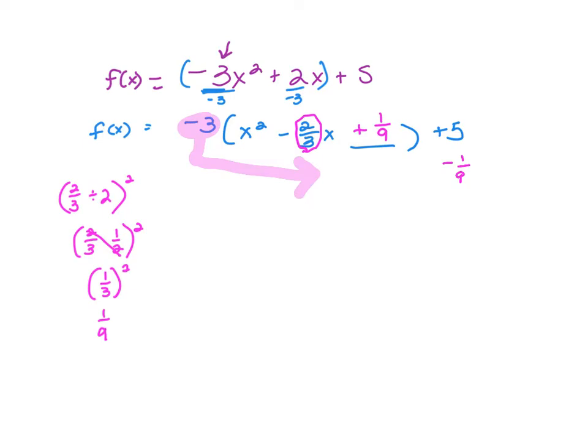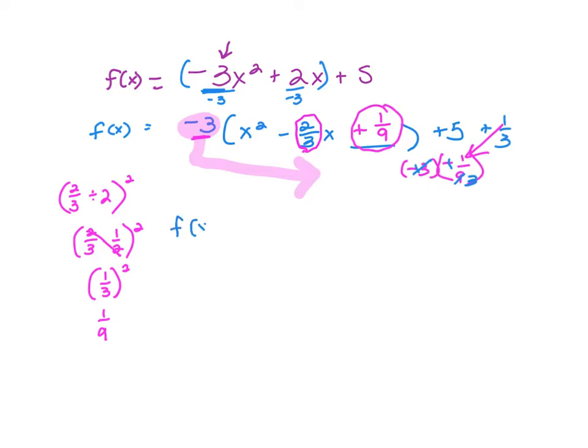So before I subtract it, I actually have to multiply it by whatever's on the front. Whatever you do inside the parentheses, you do the opposite outside the parentheses. So because I added, I'm going to subtract it over here. But before I do that, I need to multiply by what's on the front. So -3 and +1/9 actually becomes a +1/3.